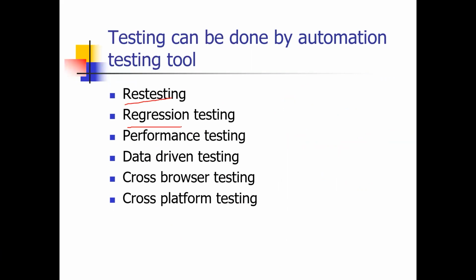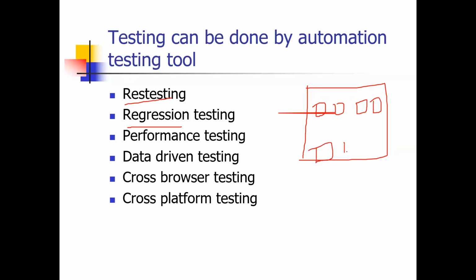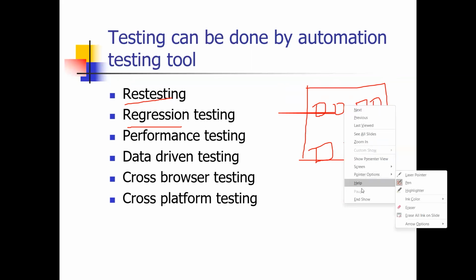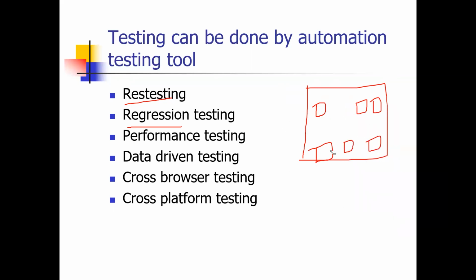And regression testing. See this by this example. Now this is your code. These are some units. There are different blocks, different units in this whole code.